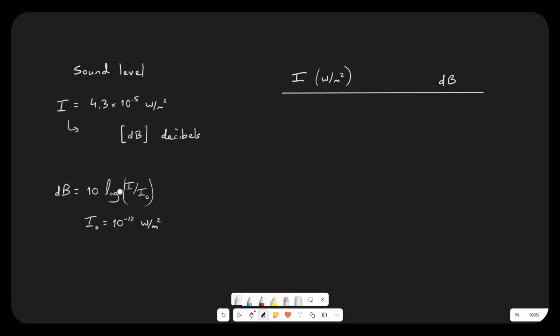I can do that, but nobody really wants to mess around with logarithms, and definitely nobody wants to go backwards and solve this thing out. So we can do this a different way, and that'll be helpful. If we have an intensity of 10 to the negative 12th watts per square meter, we are assigning that a decibel value of 0. This is called the threshold of hearing.